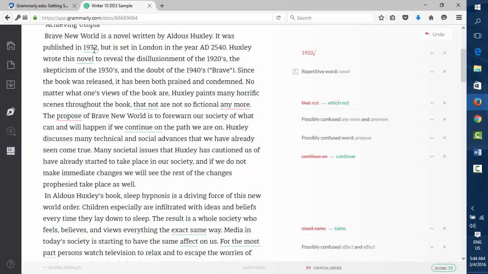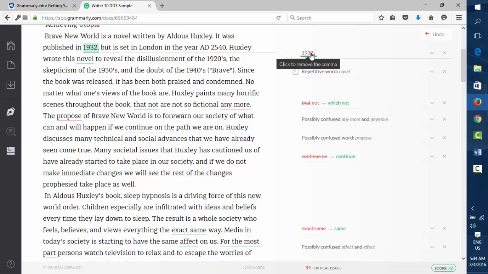Okay, and there we have 1932, and this one doesn't have a card just because this is a comma usage issue. This is a stylistic thing, and you can talk with your instructor.